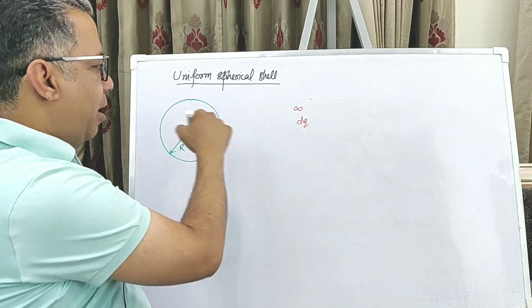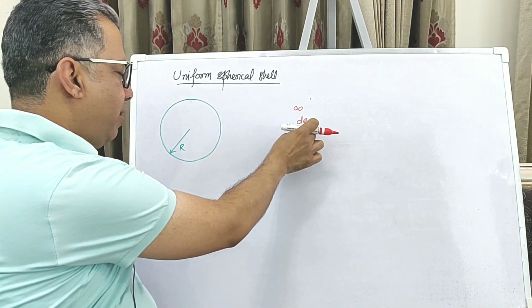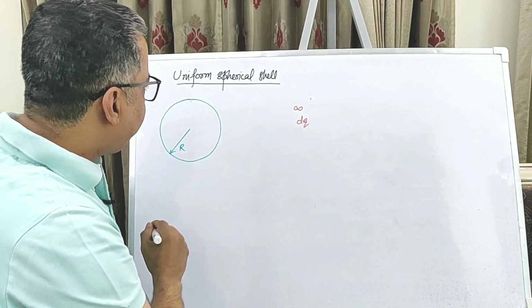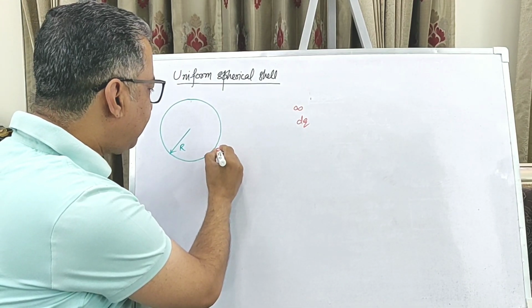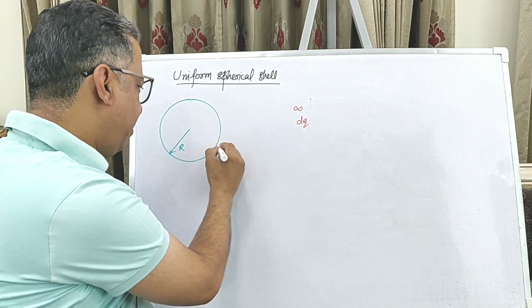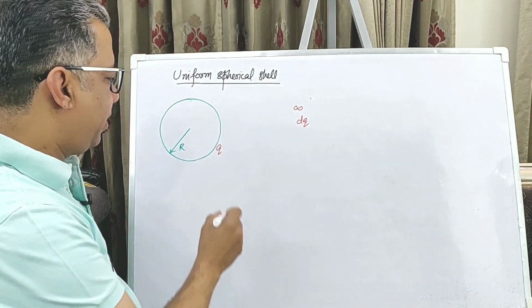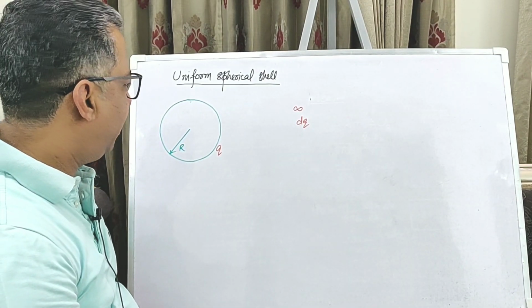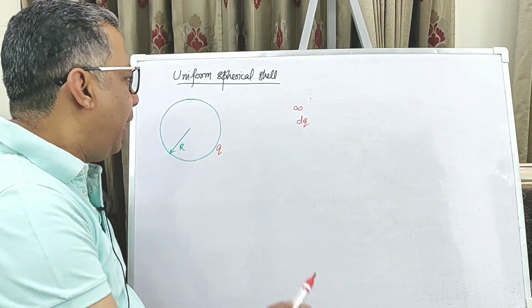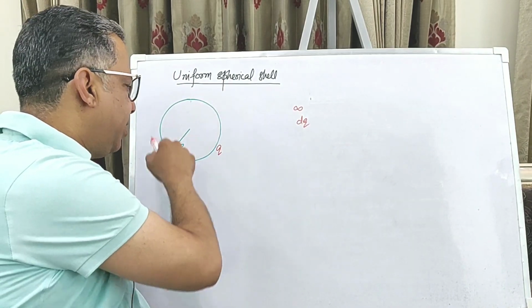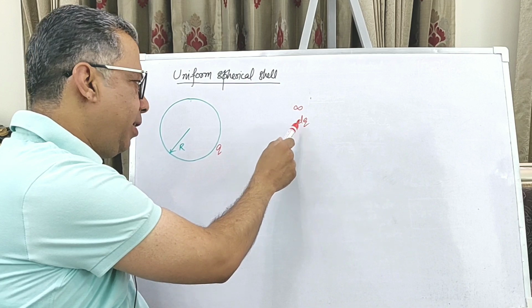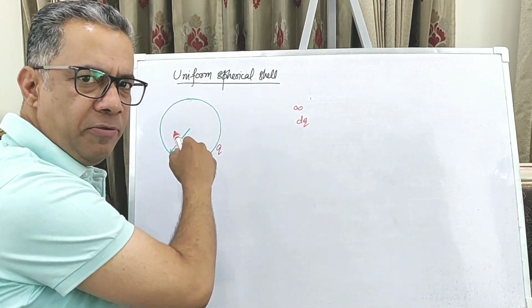So the charge here is now dq, and then we again go to infinity, pick up another dq and spread it uniformly on this surface. After a little bit of time, let's say we've built up a q amount of charge on this shell. Now once again, after the charge has been built up to q, we again go to infinity, pick up dq and spread it uniformly all over it.